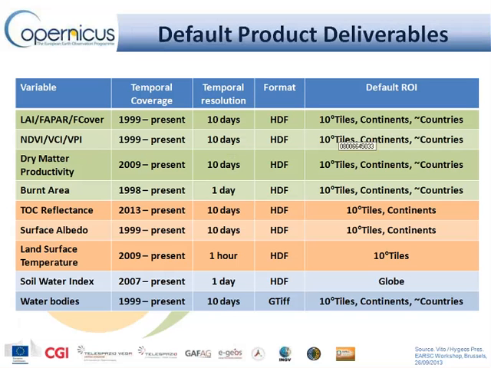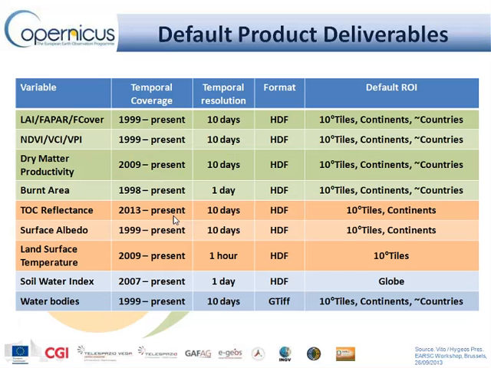The product deliverables here are for the LAI, NDVI, dry matter productivity, top of canopy reflectance or surface albedo, land surface temperature, soil water index or water bodies. You can see the details on the data. The data is usually available between 1990 and present, or for some products from 2009 or 2013 to present.